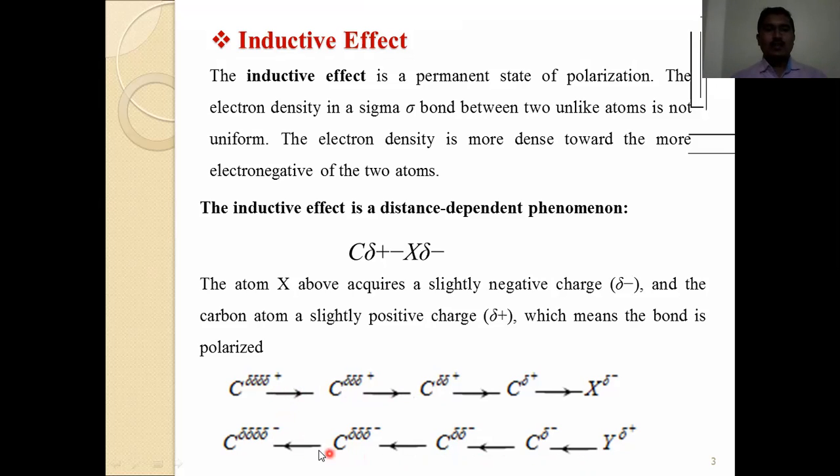If a negative atom is attached to Y, then electrons are pulled towards the electronegative atom, delta negative. Electronegative species pull electrons towards themselves and electropositive atoms donate electrons.